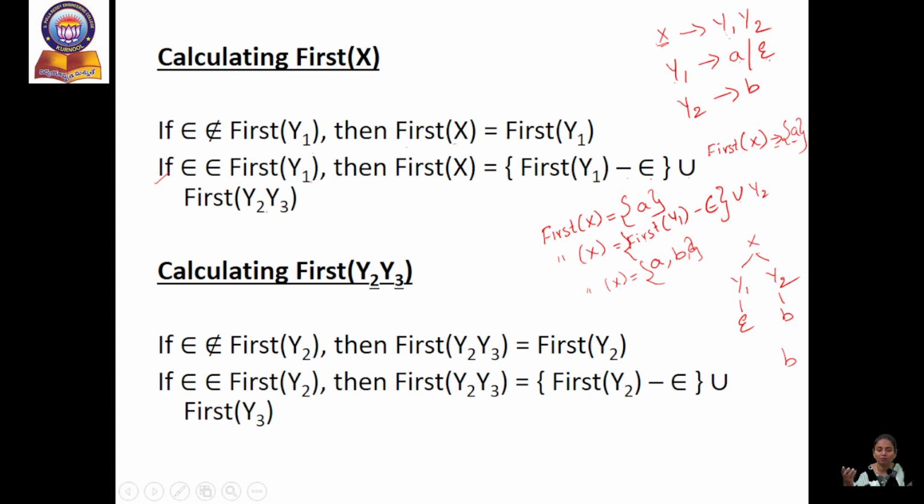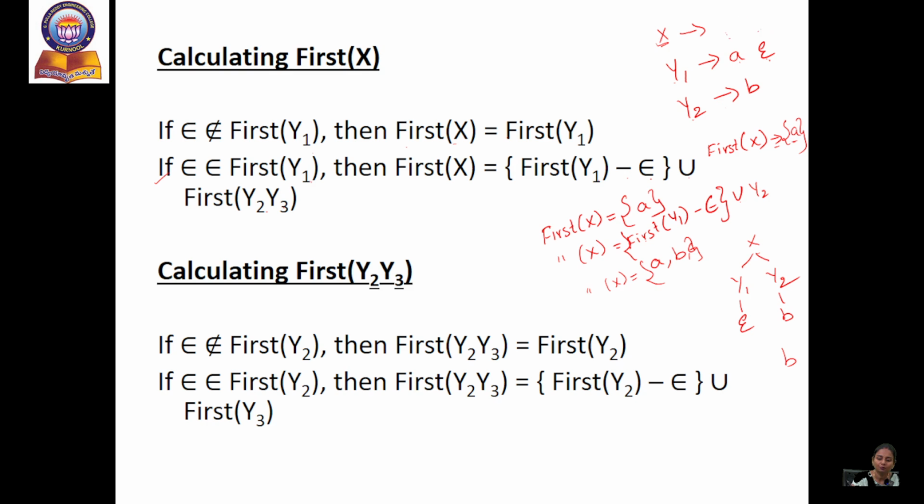Only b will be the string. So like that, if we substitute epsilon in the place of y1, the first of x will become y2. In such cases, it has to take the first of y2. So that if the epsilon is present in the grammar, we have to take first of that non-terminal minus epsilon union the remaining non-terminals whatever we have.